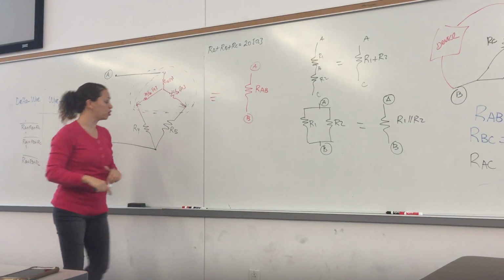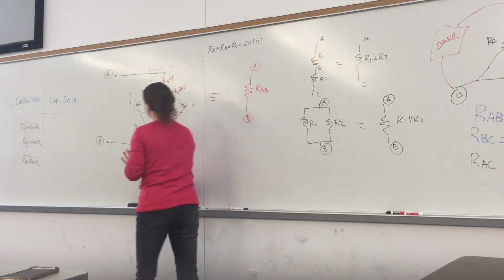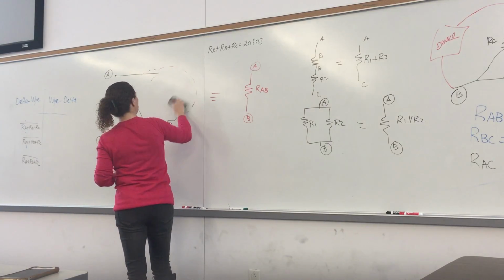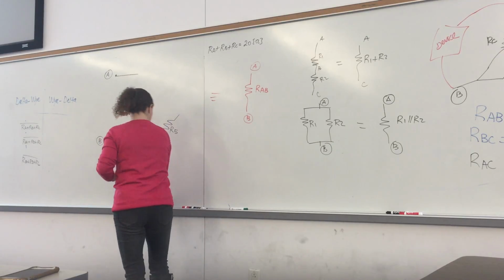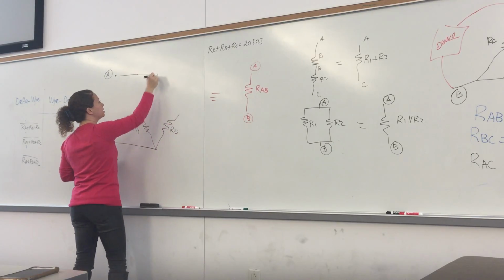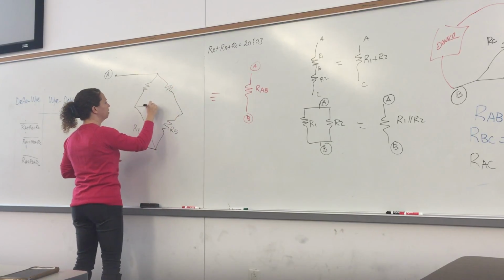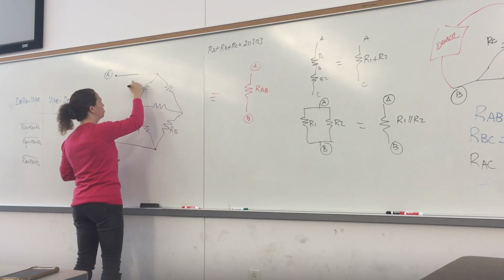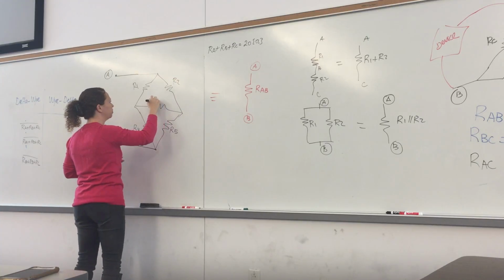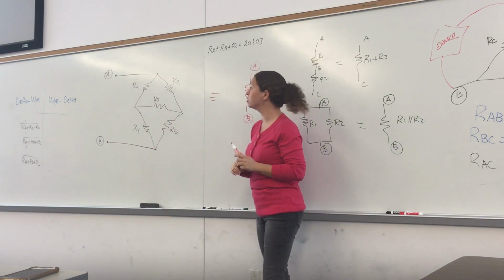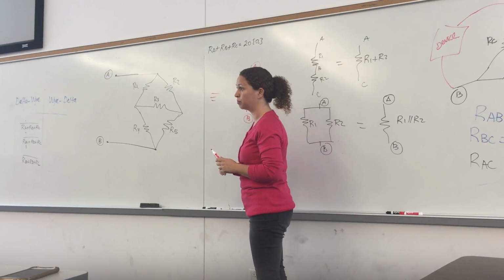What is the easy way to go from Y to delta? Now, let's get rid of this. Let's say we were going to do Y to delta on that same problem, okay? So that was like this, right? R1, R2, R3. Now let's say I decided to do a Y to delta transformation on this one.